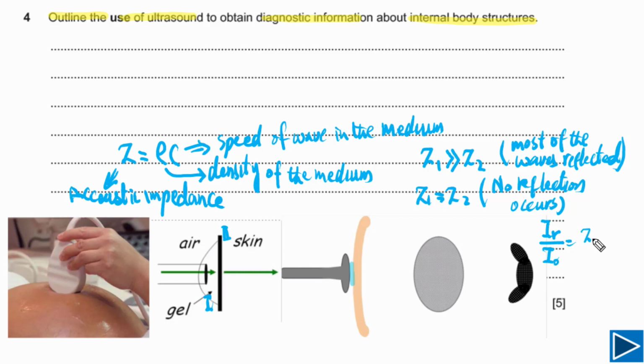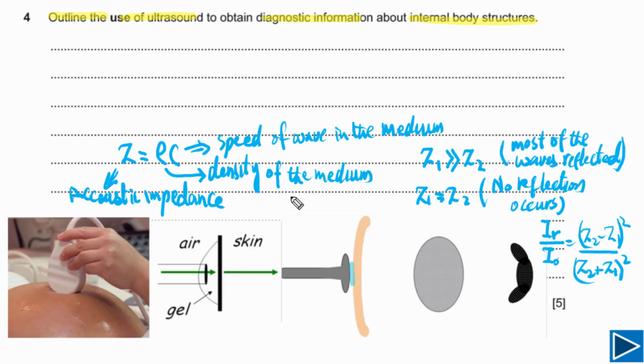This is equal to Z2 minus Z1, the difference between the acoustic impedances of the 2 media, squared, divided by the square of the sum of the acoustic impedances. In this case, if Z1 is equal to Z2, this will be 0. It means no reflection. If Z1 is much bigger than Z2, most of the waves will be reflected. Very important point, we need to understand this.